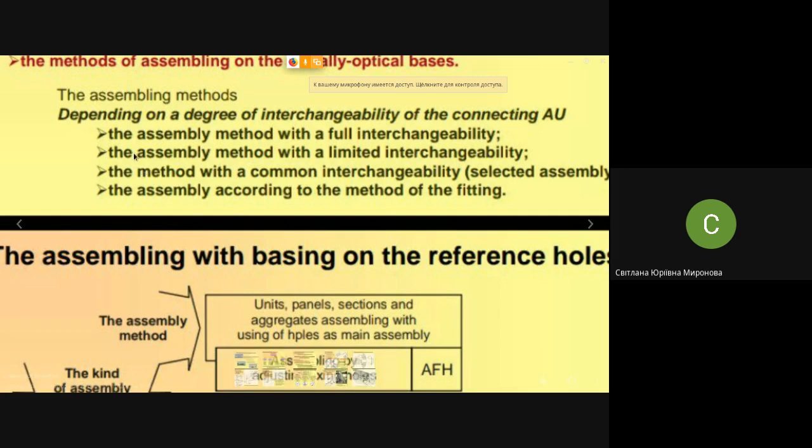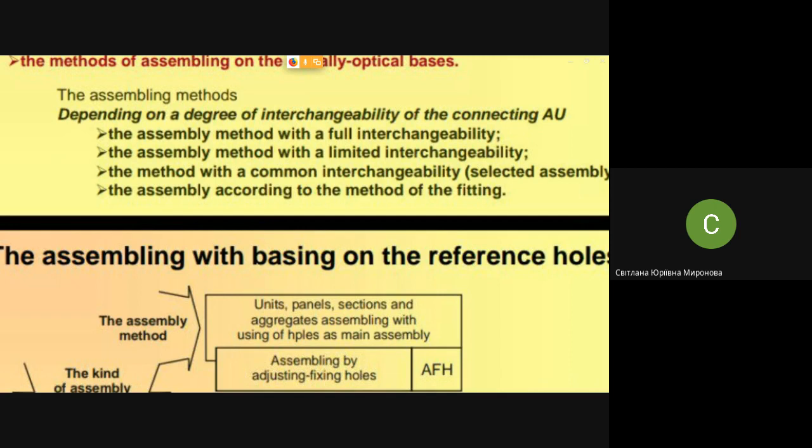Next one, assembly method with limited or non-complete interchangeability. Third one, here it's written as second. Assembly method with non-complete or limited interchangeability. And the fourth one is assembly method with adjusting, not fitting, but adjusting.